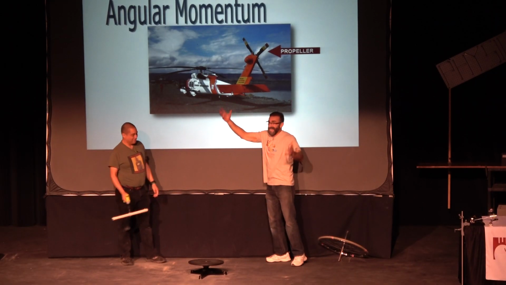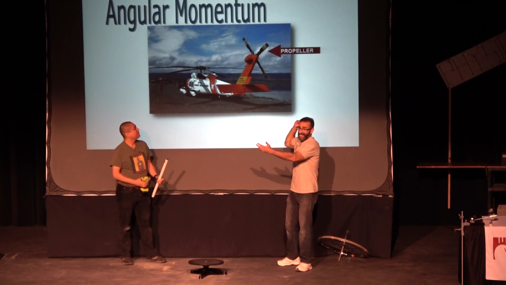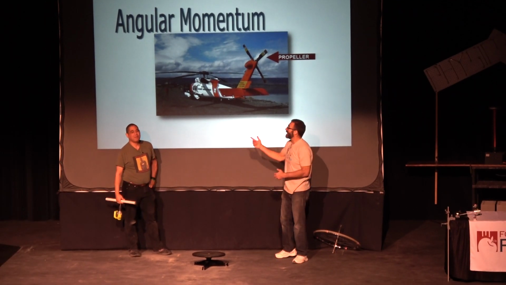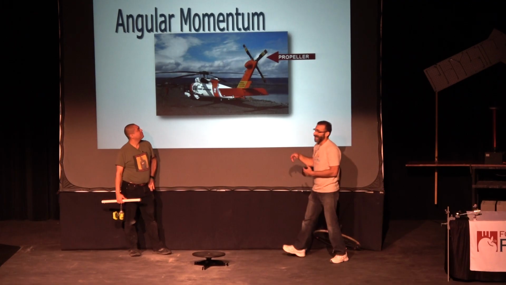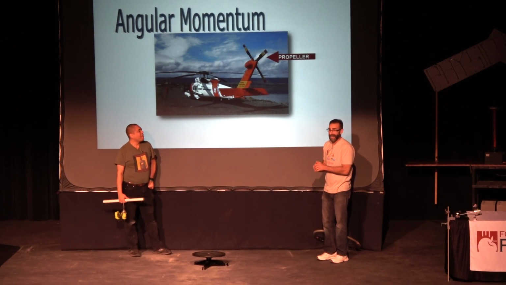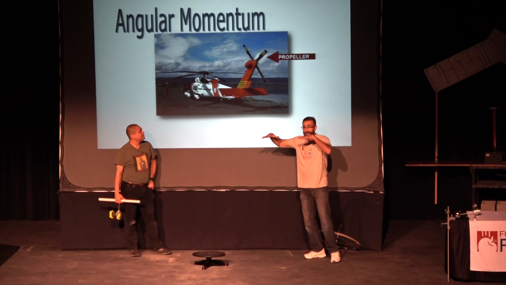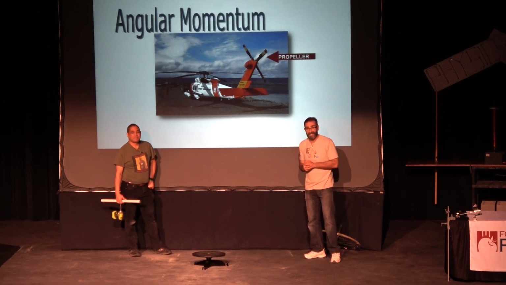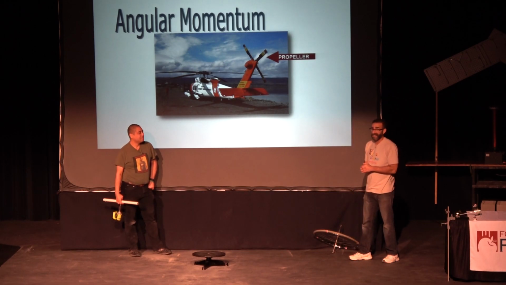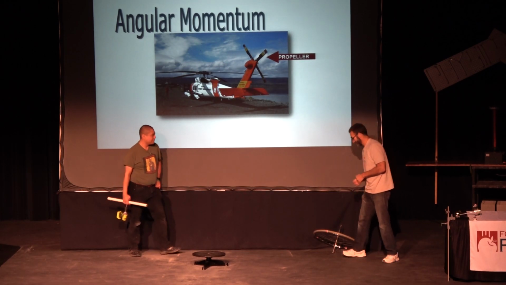So when that big propeller turns in one direction, the helicopter, just like David did, would spin in the opposite direction. And so we have that propeller pushing sideways, preventing the helicopter from spinning around. Or it could have two big propellers that spin in opposite directions. That would work also. But angular momentum conservation is something we see all around us.